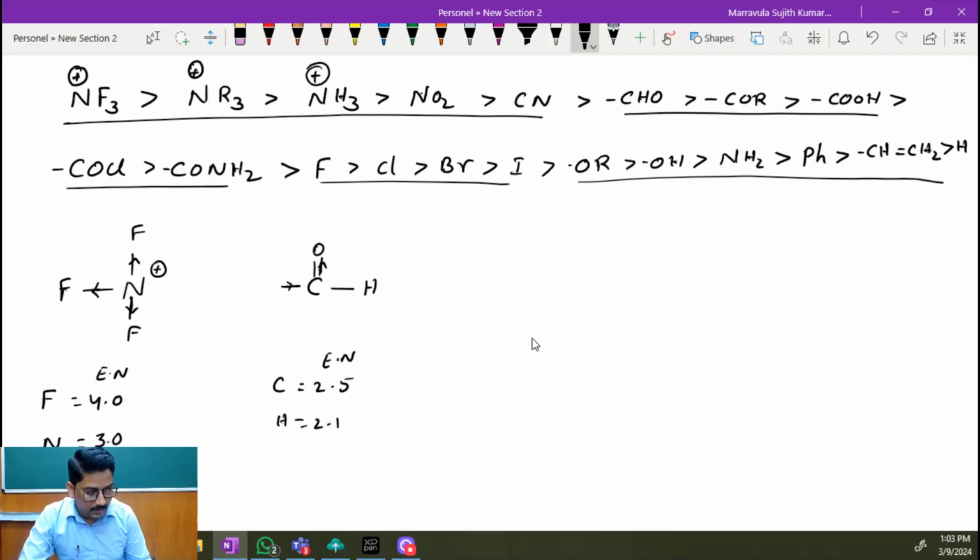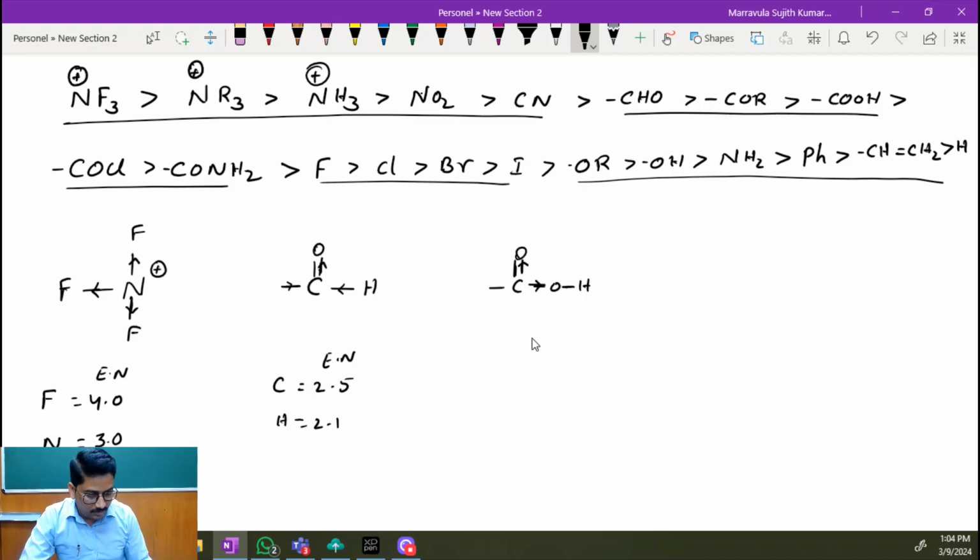So that's why it can attract the electrons towards itself. Coming to the C double bond O, OH. Actually, two oxygens are there, right? Generally we can think that these electrons are attracted towards the oxygen, and these are also attracted towards the oxygen, right? Because oxygen is more electronegative.